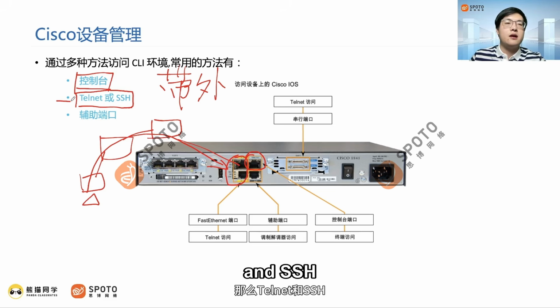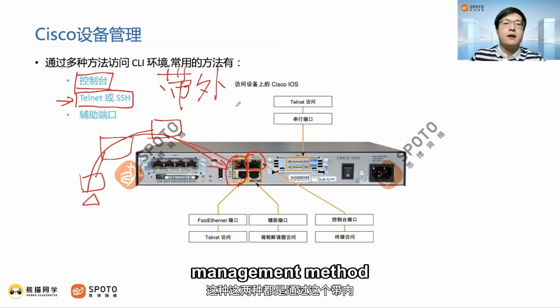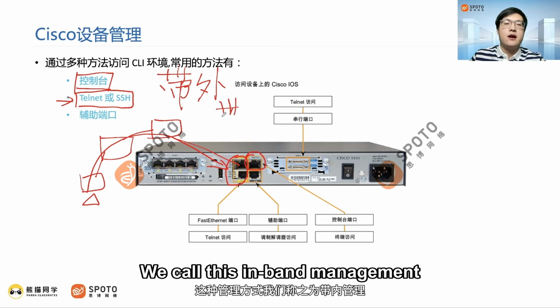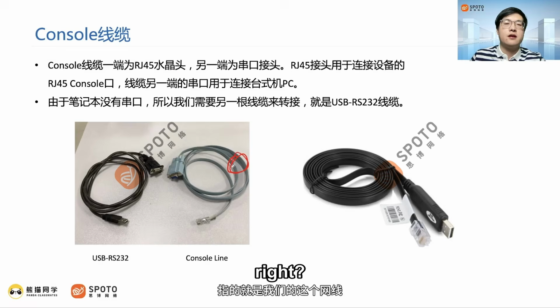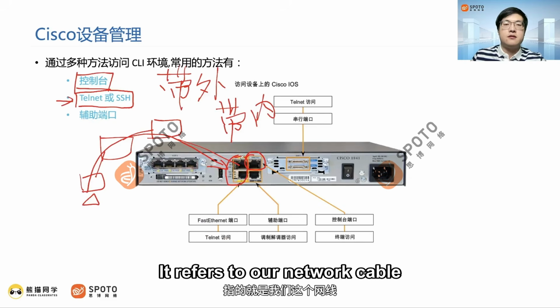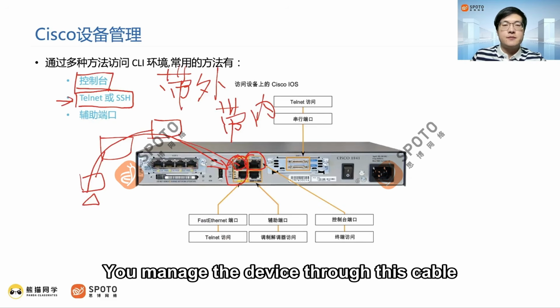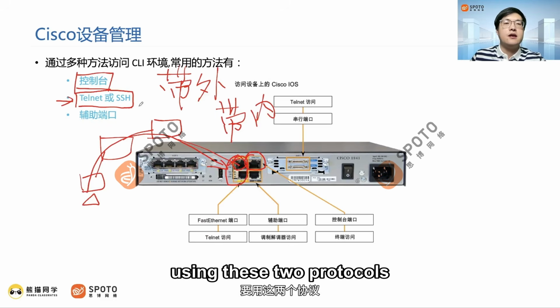Now, Telnet and SSH both use this in-band management method. We call this in-band management. Band refers to the network bandwidth, that is, our network cable. You manage the device through this cable using these two protocols.